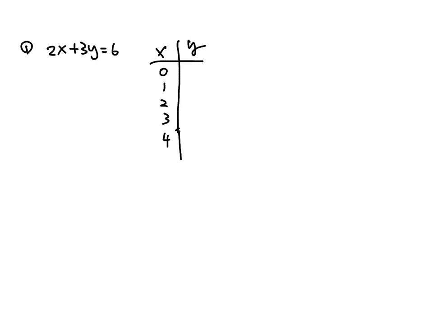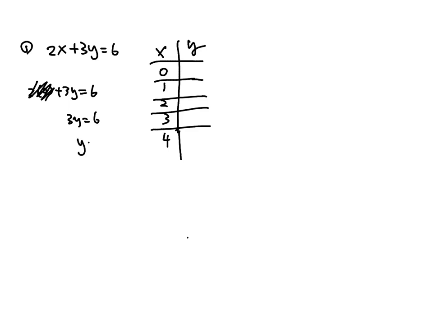Which is okay, but you have to be very careful because depending on the equation, some of these numbers might get really messy. Okay, so let's see what we got. When x equals 0, 2 times 0 plus 3y equals 6. That cancels out, so 3y equals 6 and y equals 2.